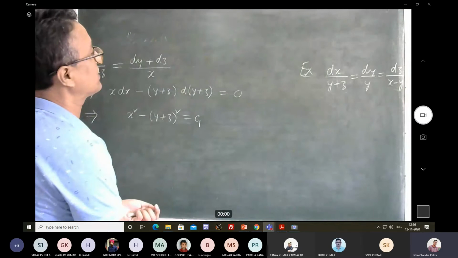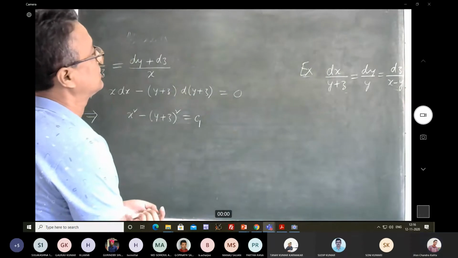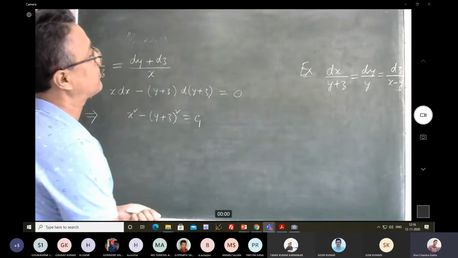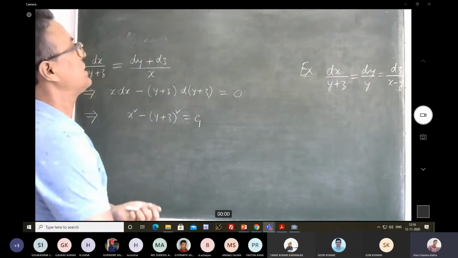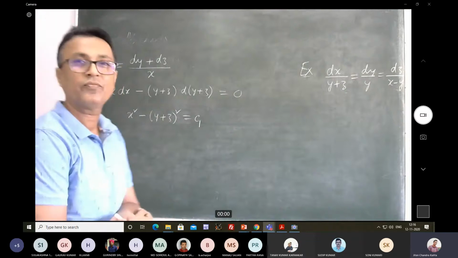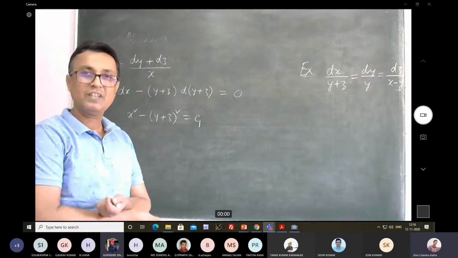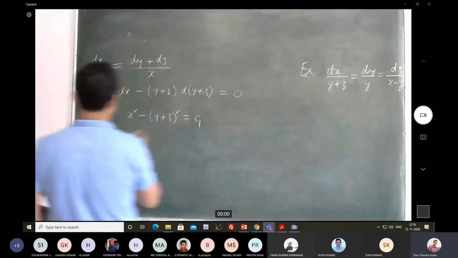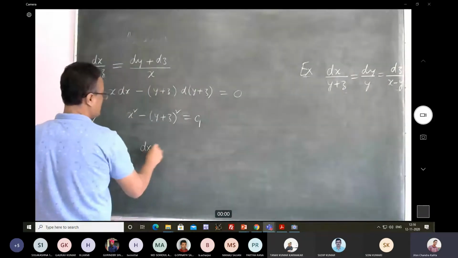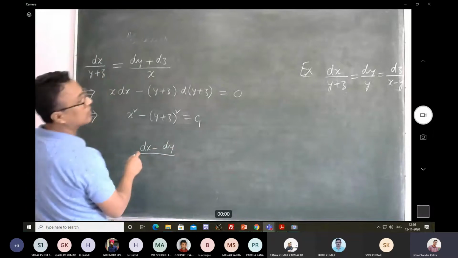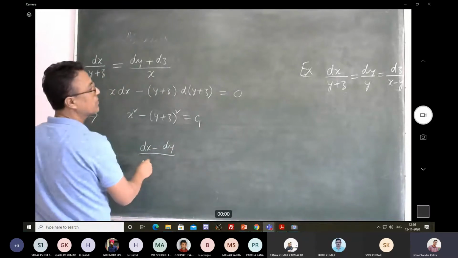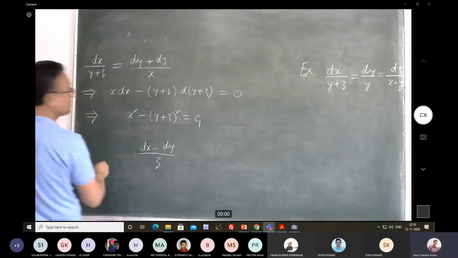Can you give me another ratio? So dx minus dy is definitely going to give me something. In the denominator I am going to get x minus y... I mean, dx minus dy obviously gives me that.